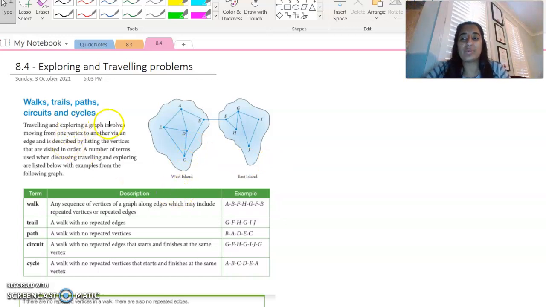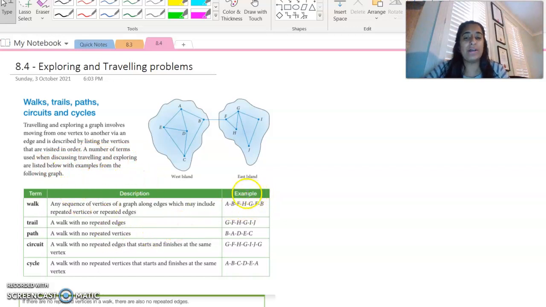Okay, so travelling and exploring a graph basically involves moving from one vertex, because vertices represent places, via an edge, and that's like your pathway, and is described by listing the vertices that are visited in that order.